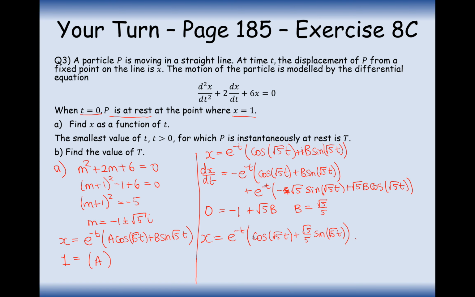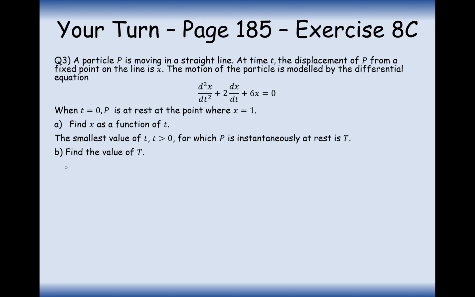So we need to find when this expression here will first be at rest, other than when it starts at rest. So what we need to do then is differentiate it once and then set that equal to 0. So let's just rewrite out what we had before.